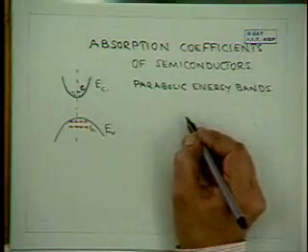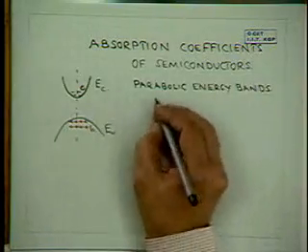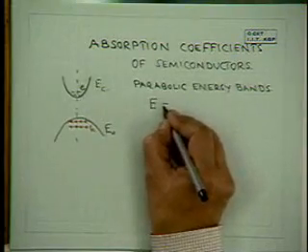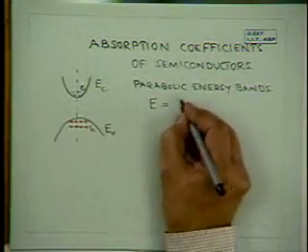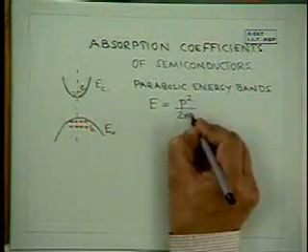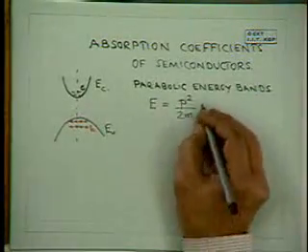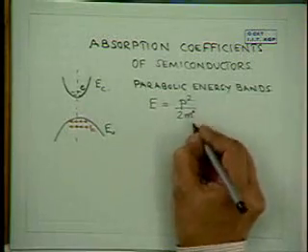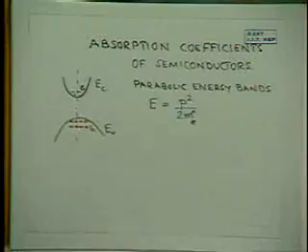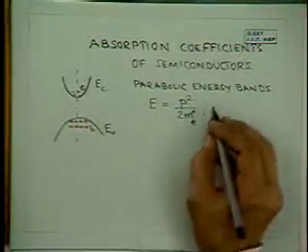we know that we can write the energy of the electrons in the conduction band as p squared by twice m star E, where m star E is the effective mass of electrons in the conduction band.